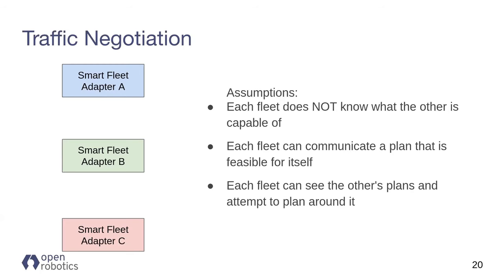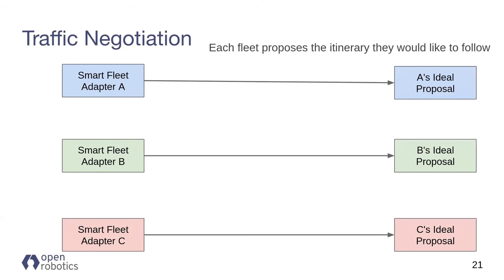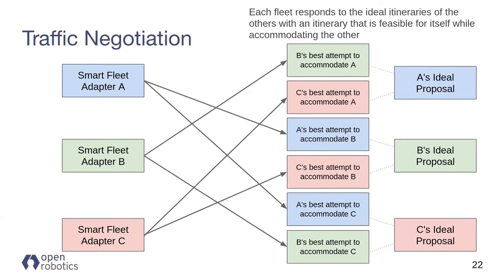So we have these three smart fleets whose robots came into a conflict, and now we have to figure out how they're going to work around it. Each fleet will propose their ideal itinerary that they would like to follow at this point. Then, each fleet will create their best attempt to accommodate each one of the others' proposals, right?